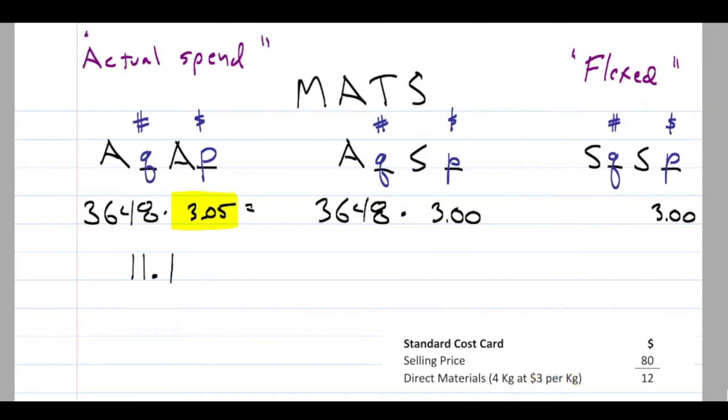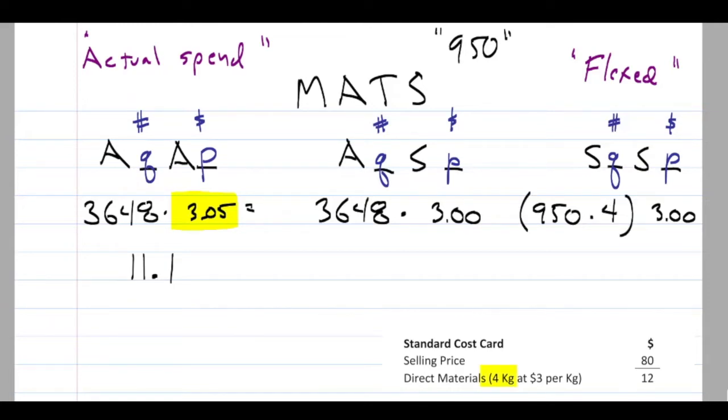Last but not least, we need the standard quantity. And this causes a lot of confusion. Standard quantity is the flexed. It's the standard quantity of actual production. So we're always talking about 950. So 950 units multiplied by 4 kilos per unit, right?